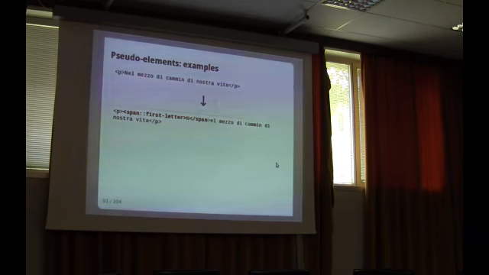Note that that element is fictional. The author did not include that element around the first letter in the piece of text. It's just an element that is generated for the purpose of representation if there is a selector that selects that element.